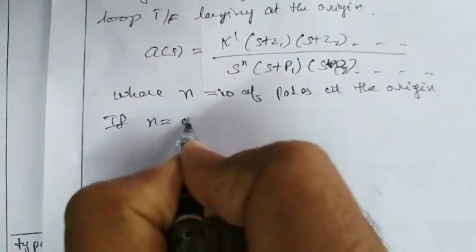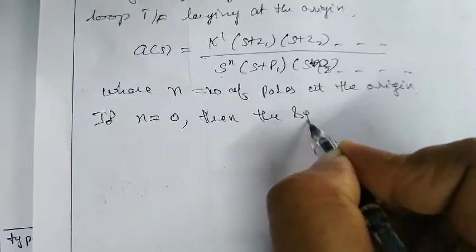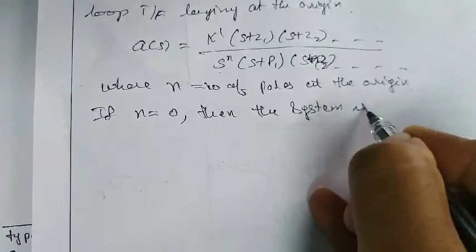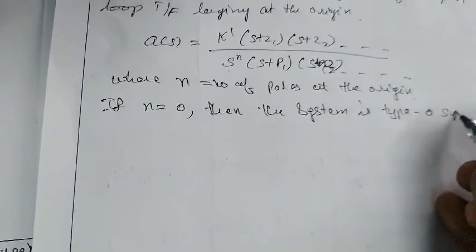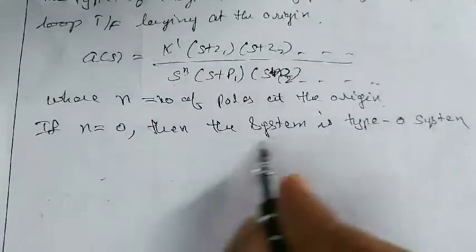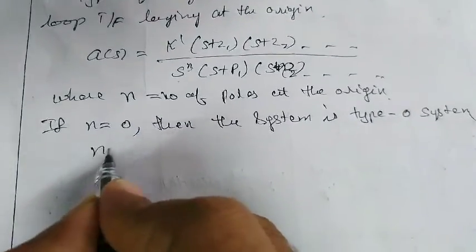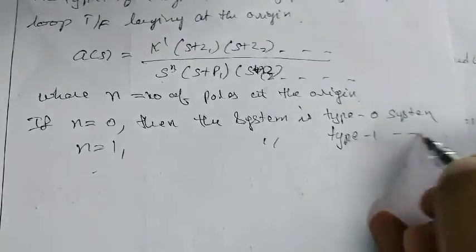Suppose if n is equal to 0, then the system is called a type 0 system. If this s power 0 is there, n is 0, then it is called a type 0 system. If n is 1, then it is called a type 1 system.